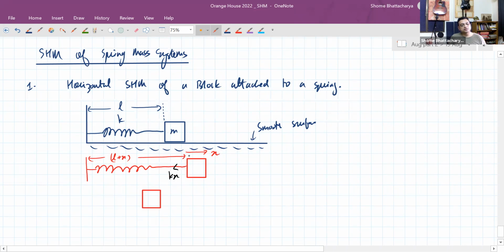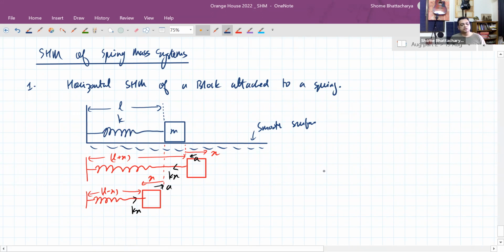So it will have an acceleration which is opposite. Whereas on the other hand, if given the displacement in this direction, the spring has developed a compression. It will apply a restorative force which is outwards.